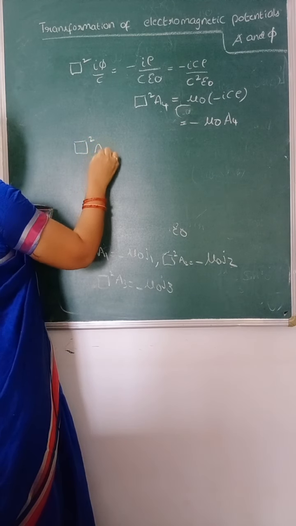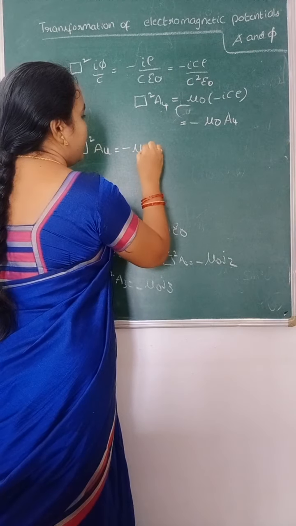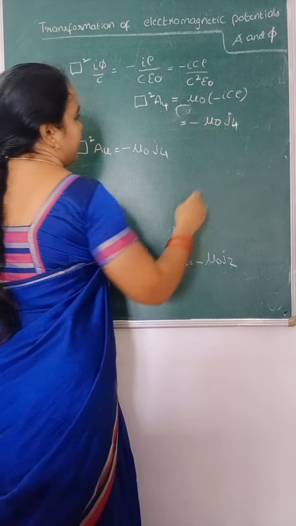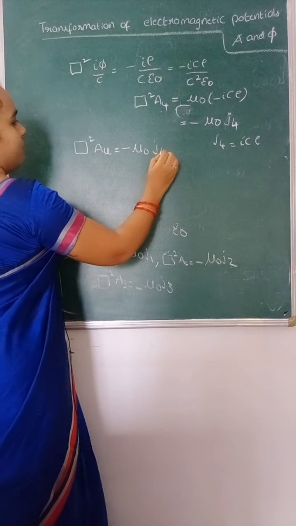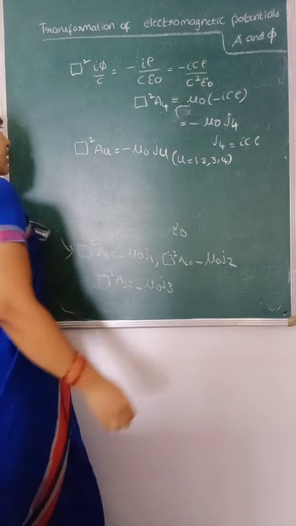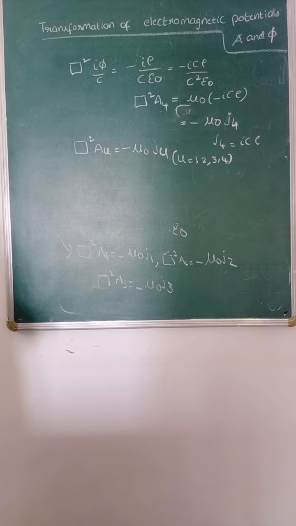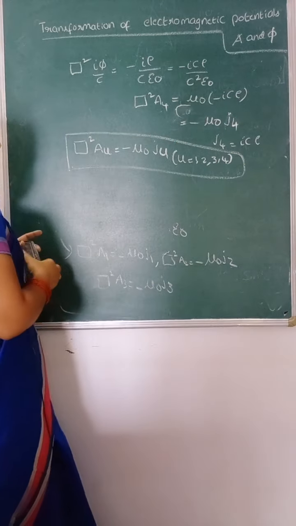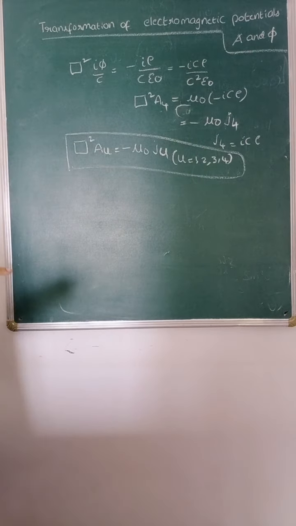Commonly, these equations are written as del squared A_u is equal to minus mu naught J_u, where J4 is equal to i c rho, and the u value will run from 1, 2, 3, 4. This is the transformation of Maxwell's equations in 4 vectors. So the complete set may be written as del squared A_u is equal to minus mu naught J_u, where u runs from 1, 2, 3, 4.